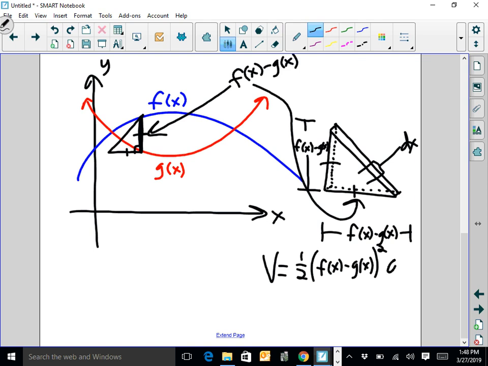So if I wanted an integral to represent this, again, here's my a, here's my b, I'm going to say the volume is the sum of all of those. So it's going to be the integral from a to b. I'll put the half out front because it's a coefficient. And it's f of x minus g of x quantity squared dx.